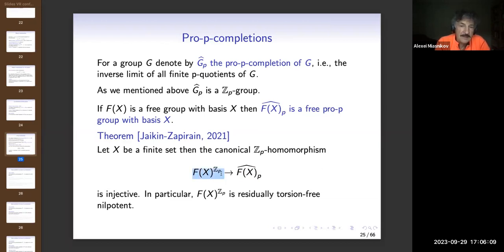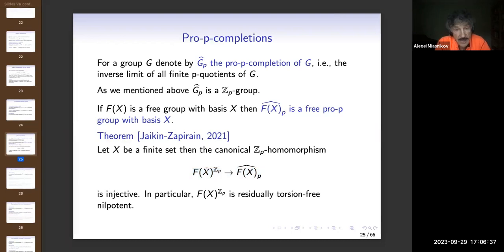Now, the free tensor completion F(X)^{Z_p} is a free Z_p group. It's not a free pro-p group. It's a free Z_p group, so it's a free object in the category of Z_p groups. F(X) embeds into the pro-p completion because the free group is residually p.